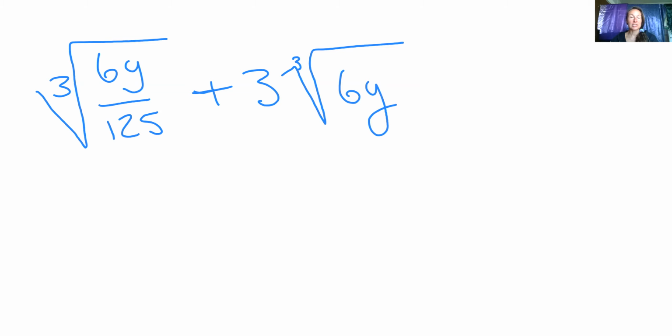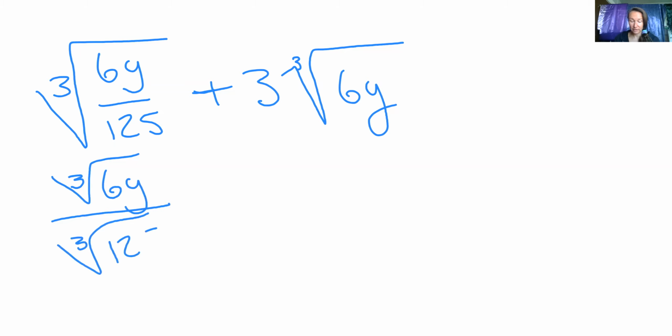Let's first just simplify these fractions that we have, because you guys might not necessarily see this, but 125 is actually 5 to the third. So we can take the cube root of this 125. And if you prefer, we can rewrite this fraction as the cube root of 6y over the cube root of 125, right?